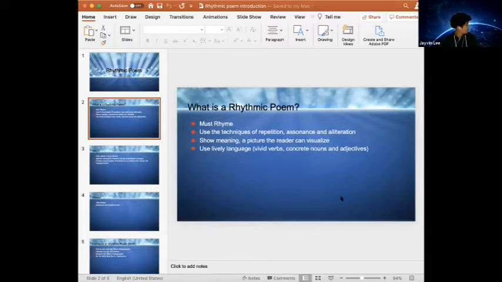And then you must show the meaning of the poem, and let the reader have a picture to visualize, like to imagine. And then you must use lively language like vivid verbs, concrete nouns, and adjectives.